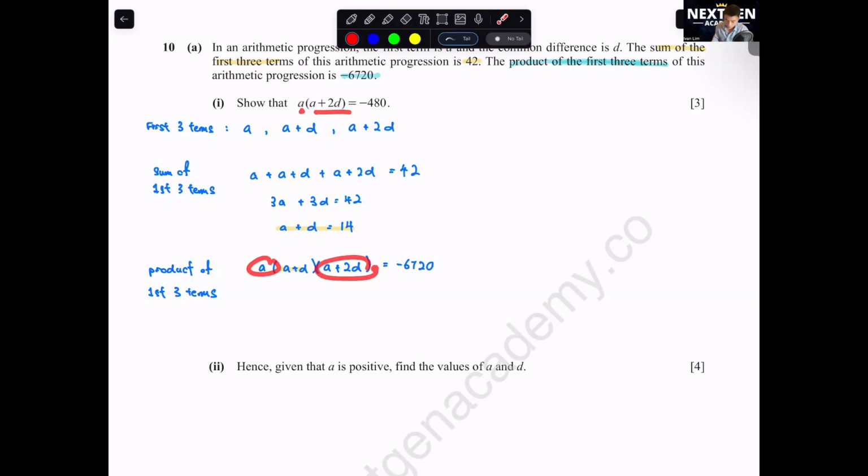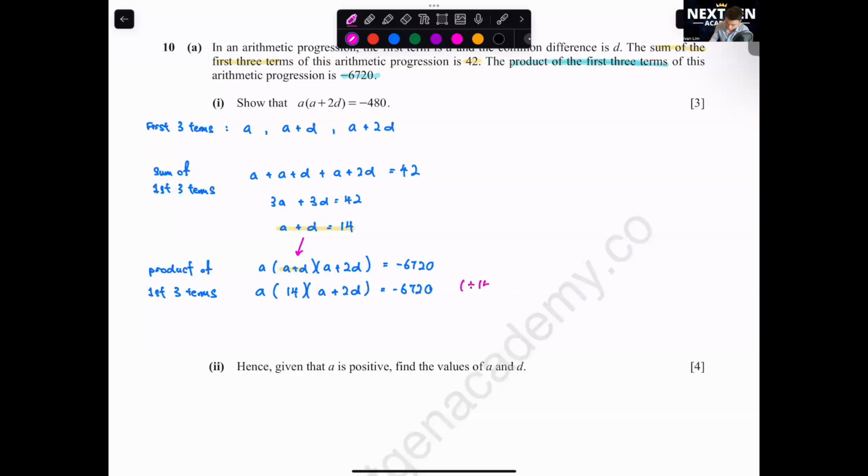It means this and this. Means we are going to replace this A plus D with 14. So I will rewrite it as A bracket 14 A plus 2D equals -6720. Then I'm going to divide the whole thing by 14, which will get A plus 2D equals -6720 divided by 14, we'll get 480. Okay, shown.